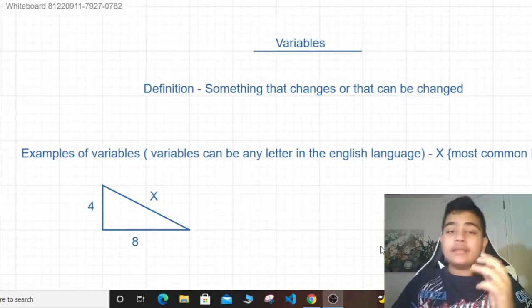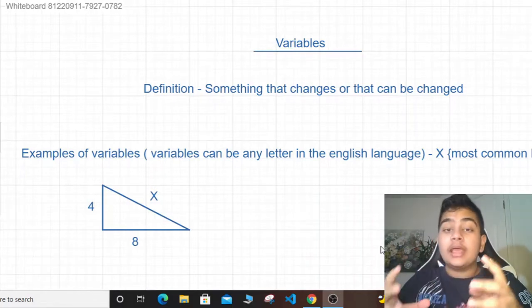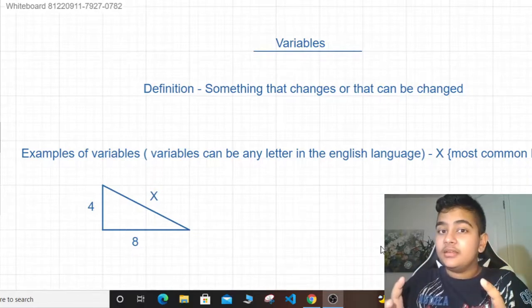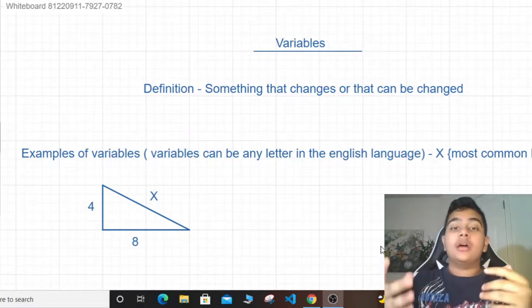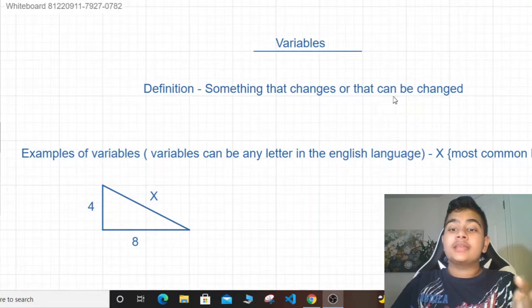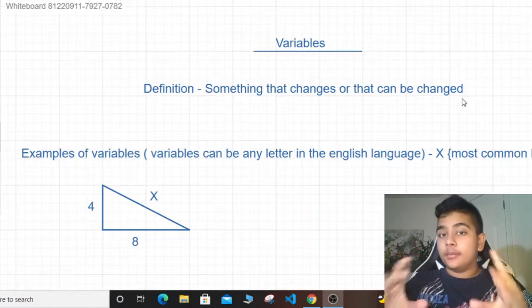So let's first know what's the definition of variables. This is a very oversimplified definition, and we'll go more in depth along this video. Definition: something that changes or that can be changed. A variable does not represent a number.